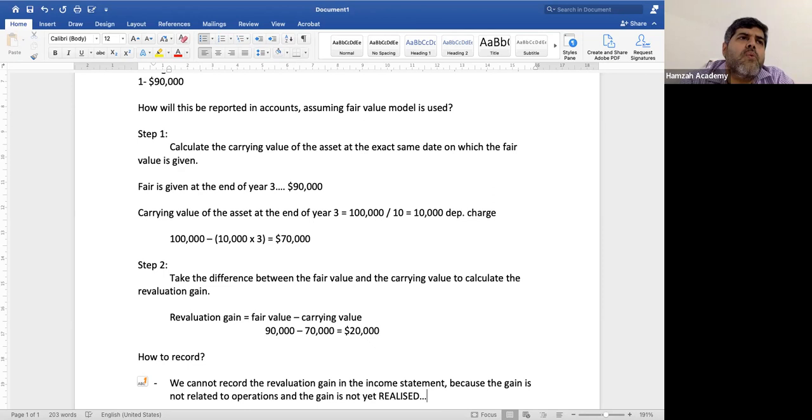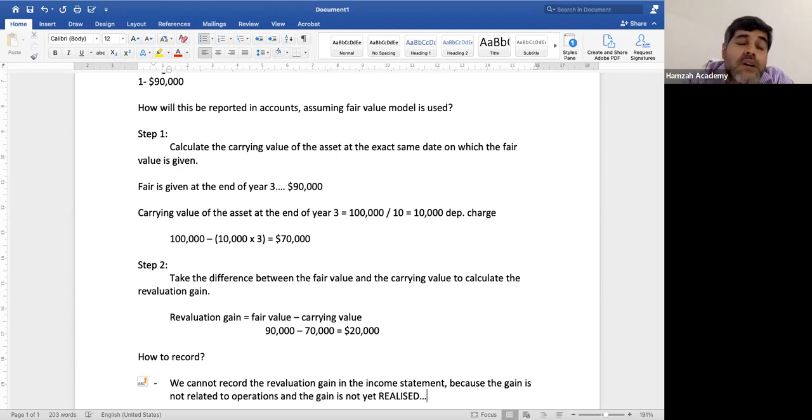Now, what do I mean by the gain is not realized yet? Realized means you have not earned it yet. Although the gain is there, there's no doubt about that, you still have to earn it. Technically, you bought a house for 100.